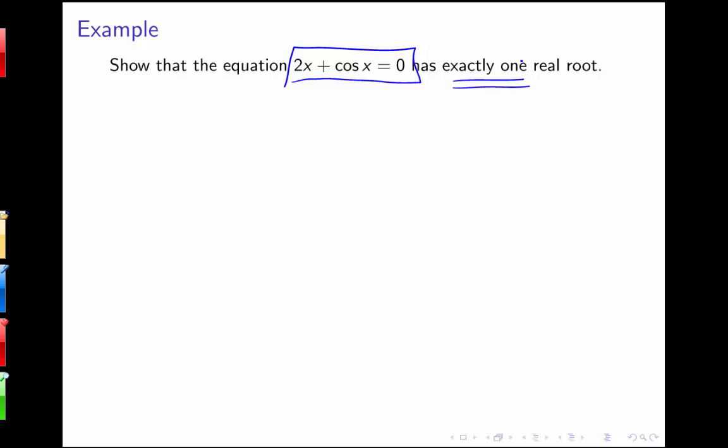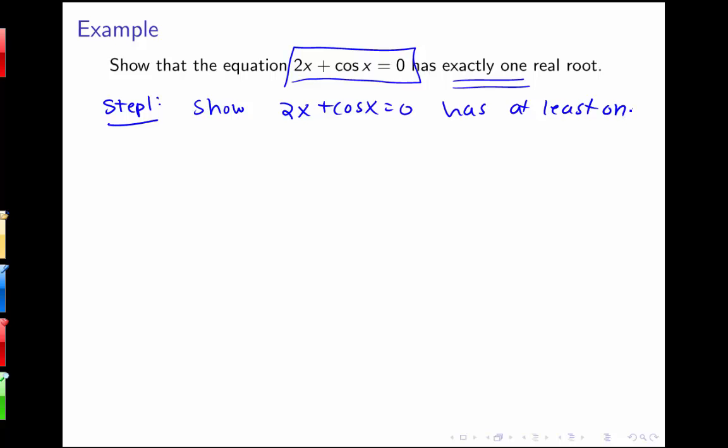So we remember doing some of these problems with showing something has a root by using the intermediate value theorem. So our first step here is going to be to show that 2x plus cosine x equals 0 has at least one real root. And then we're going to use our Rolle's theorem to show it has to have exactly one root.